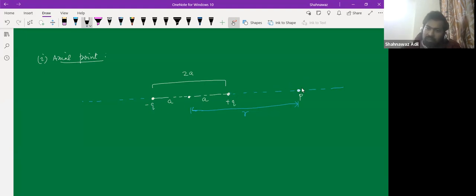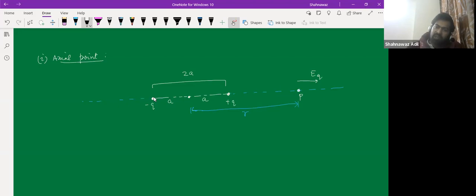So due to this plus Q, what would be the direction of the electric field? Left or right? Right, because this is a positive charge, so the field would be away from it. So this is right.